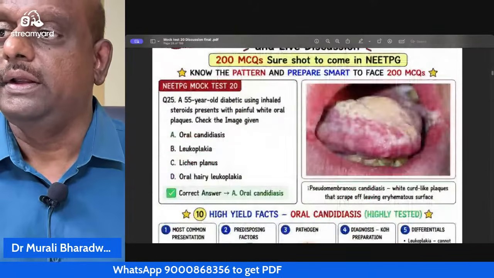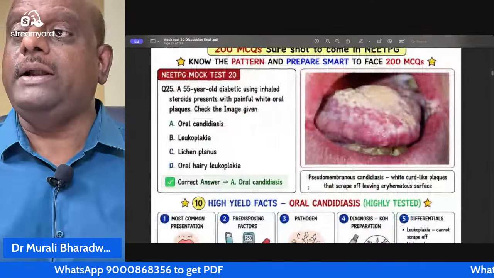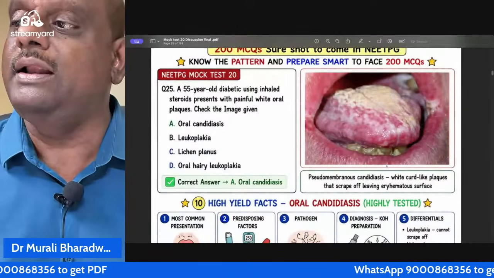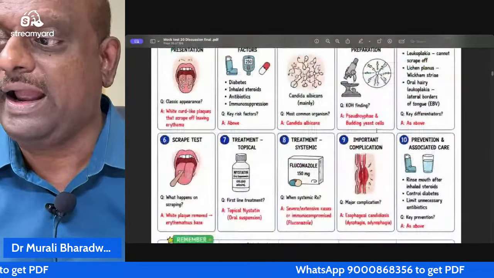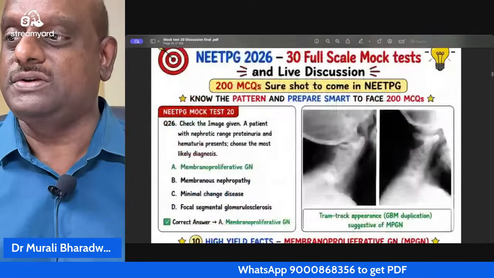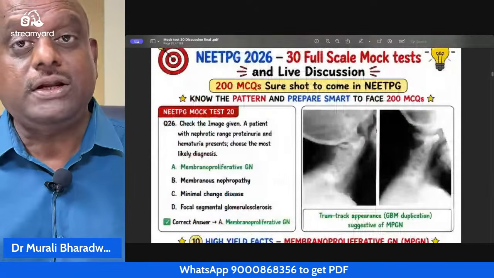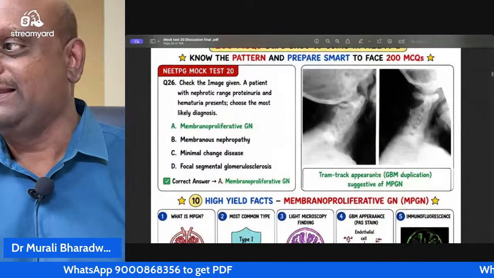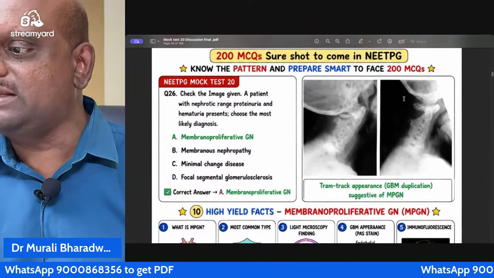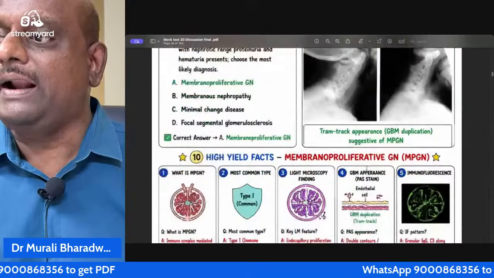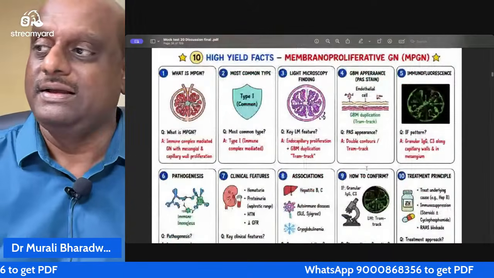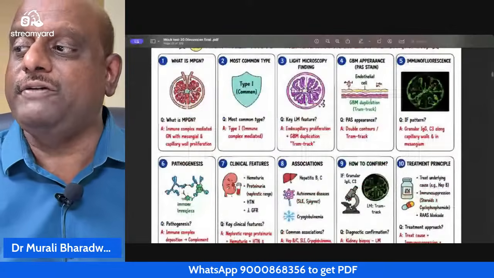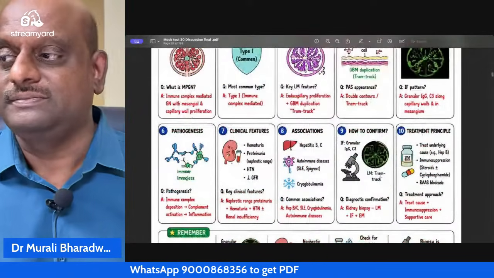Now, a 55-year-old diabetic using inhalational steroids typically develops oral candidiasis, Candida albicans. The patient with nephrotic range proteinuria and hematuria. Actually, here the histological slide is different. Tram track appearance is the classical feature which you see in membranoproliferative glomerulonephritis.